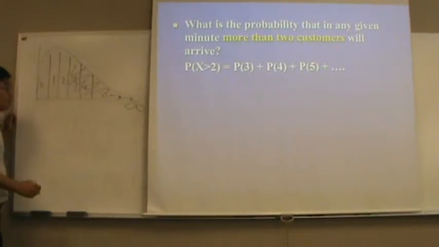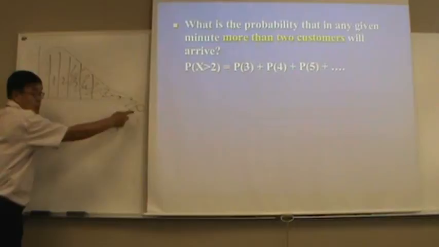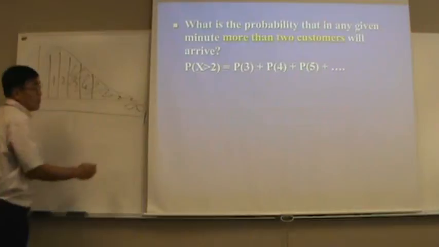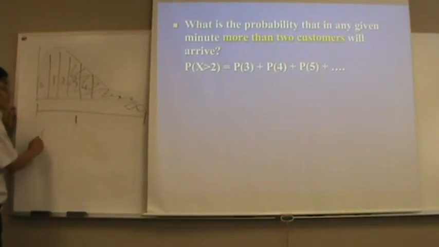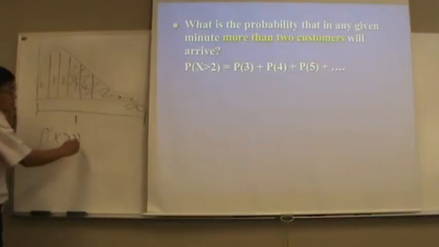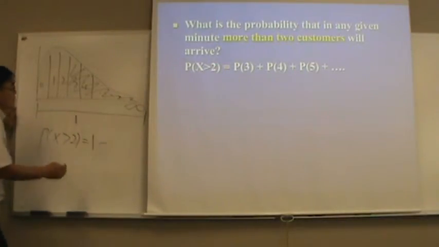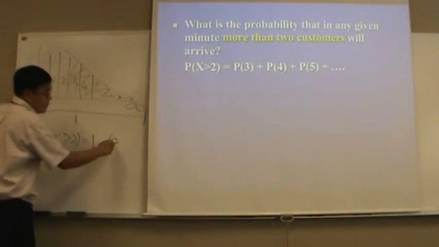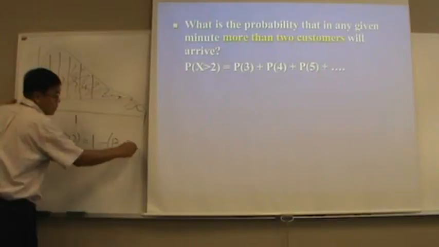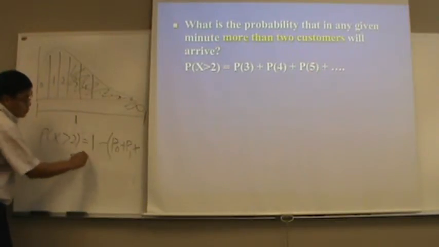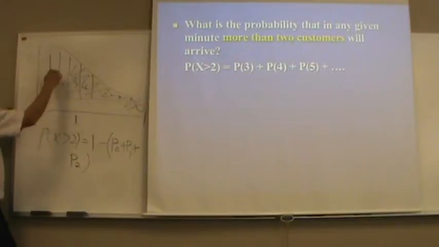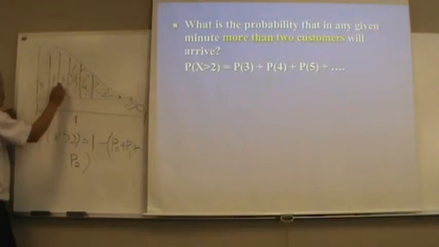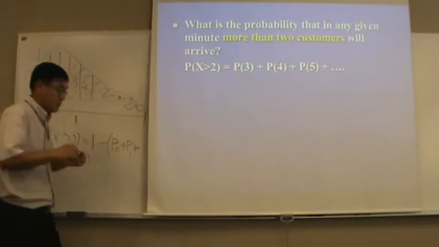This area, but because it's infinite, this is the better way: 1 minus the probability of up to 2, which is probability 0 plus probability 1 plus probability 2. Subtract from 1, that is this area.